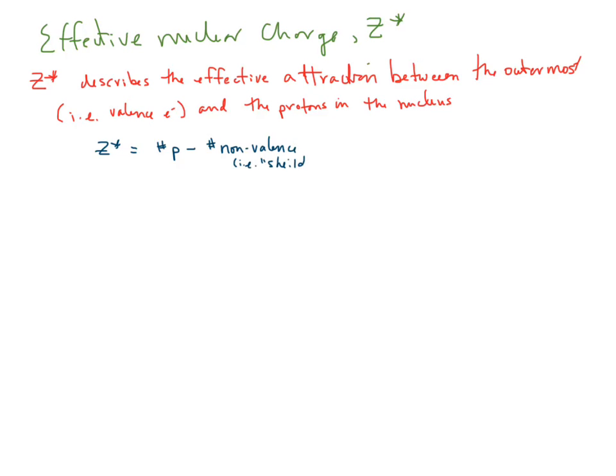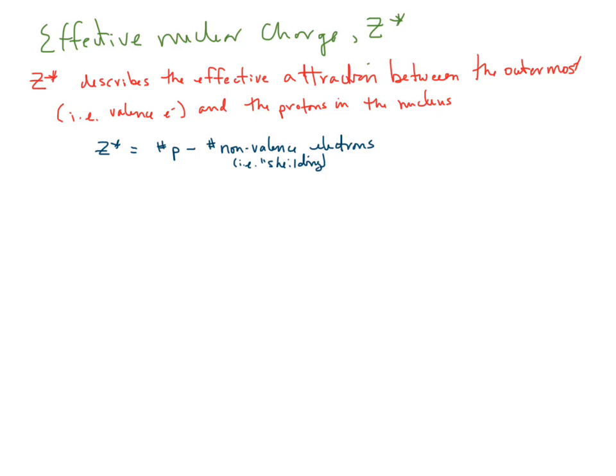So for your atom of interest, that you're trying to calculate the effective nuclear charge, the effect on your valence electrons, you take the number of protons in the nucleus, and from that you subtract the non-valence electrons, because they shield your valence electrons from the protons in the center of the atom. So I have a couple examples.